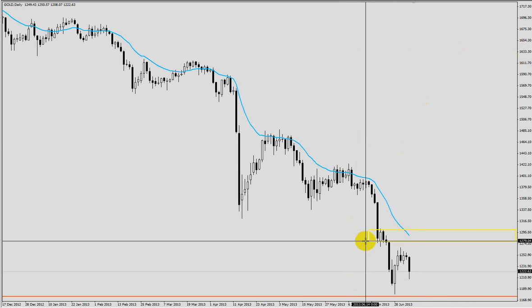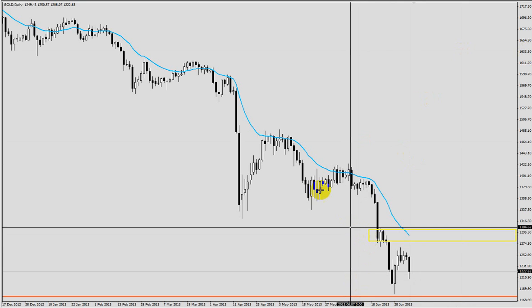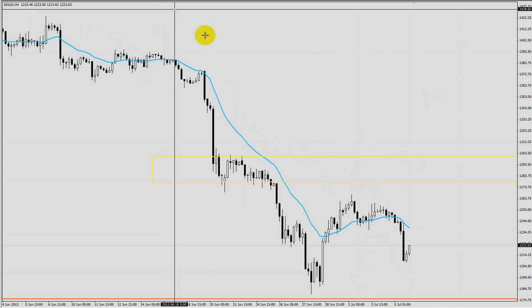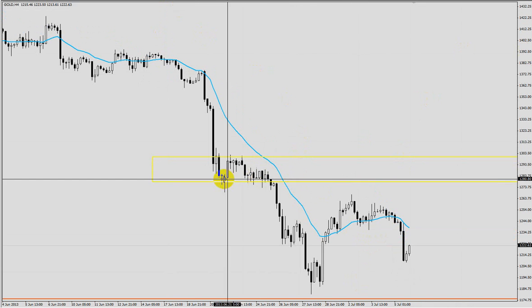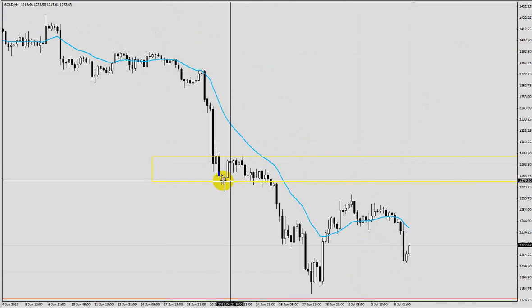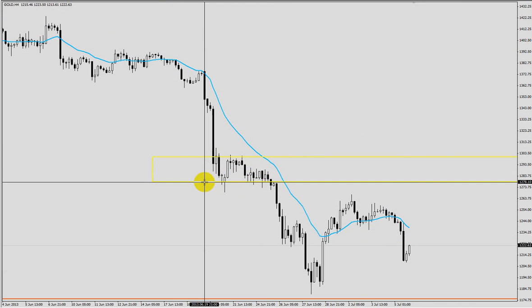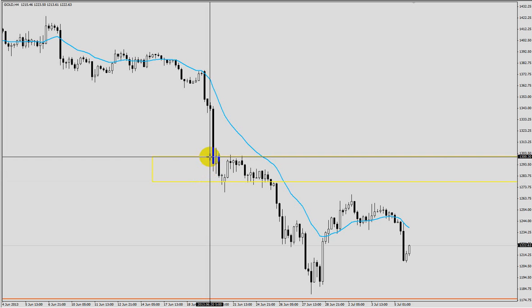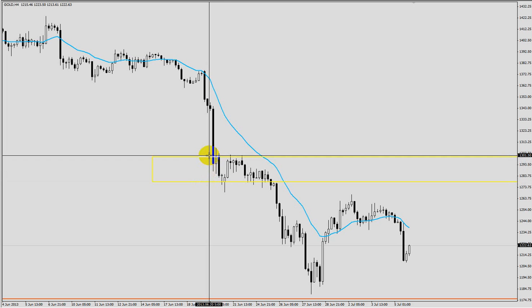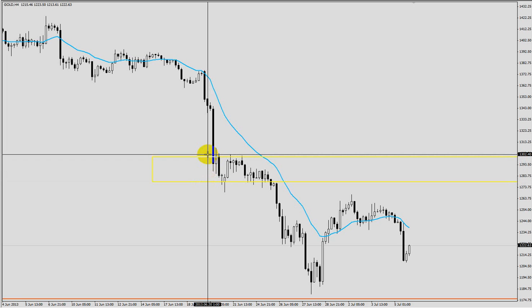So on daily, as I mentioned before, it's something around 1280, which is the same if you would like to compare the resistance at 4-hour charts. So it starts from 1280 to around 1300 to 1303.